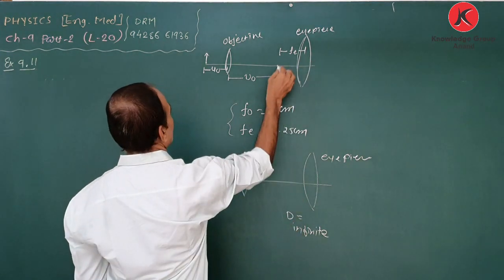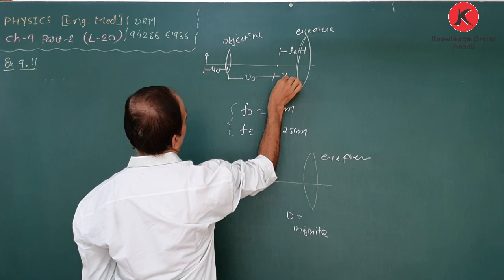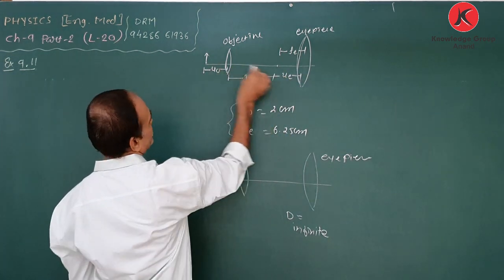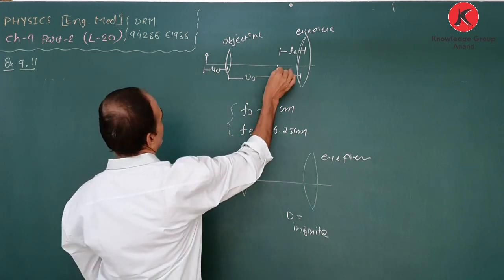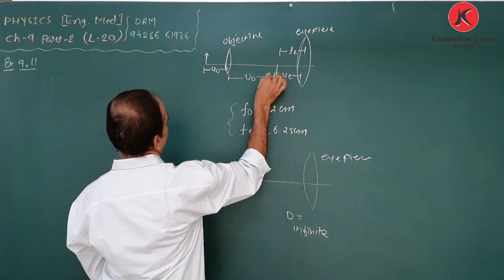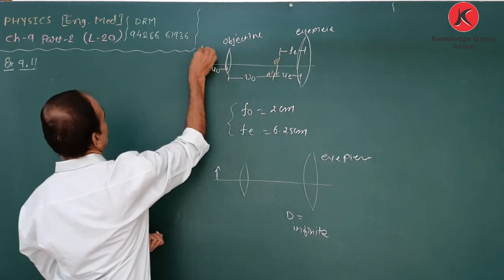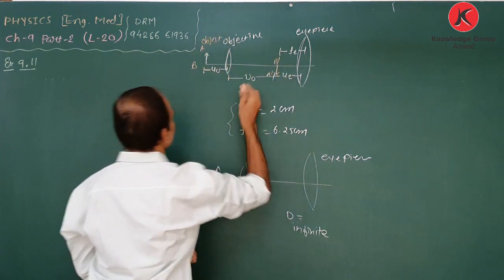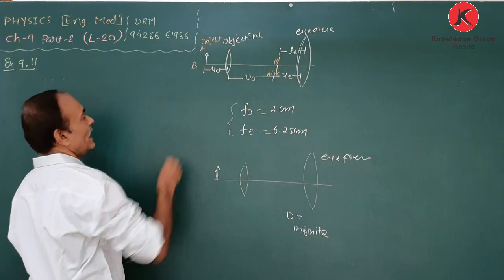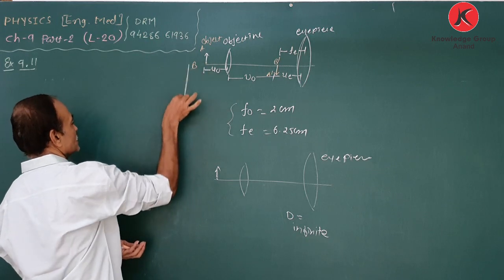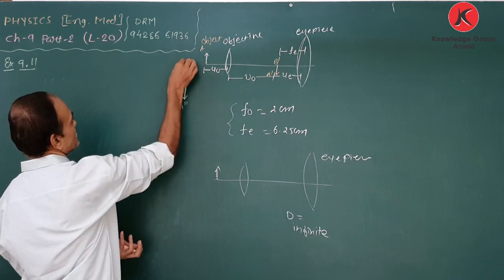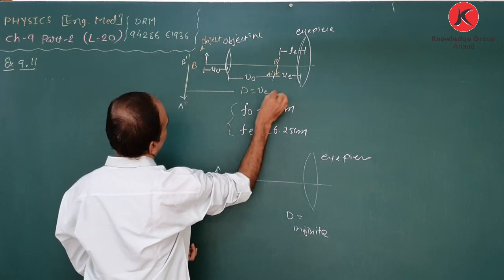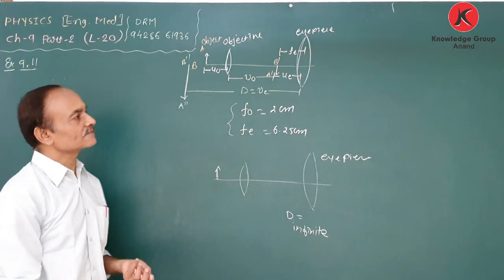Now, for the eyepiece, this distance is the object distance. One image is formed, A dash B dash, from the object AB. The final magnified image is formed here, A double dash B double dash. This distance is D, or V for the eyepiece.